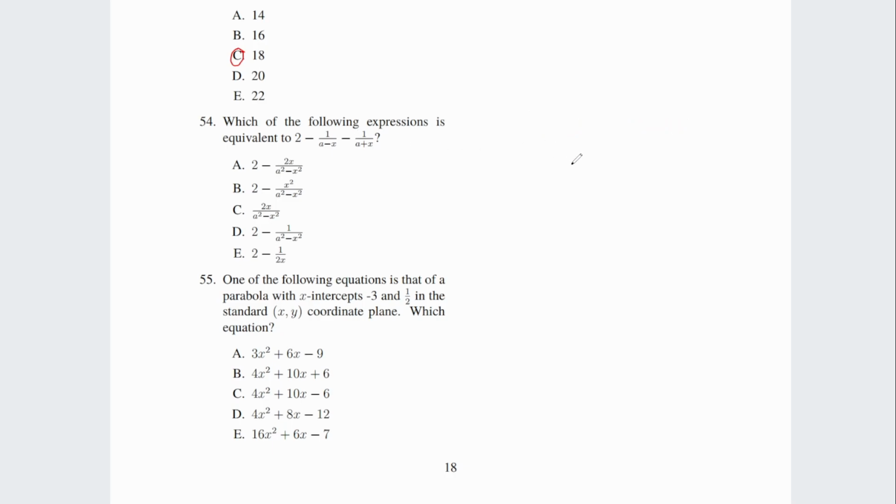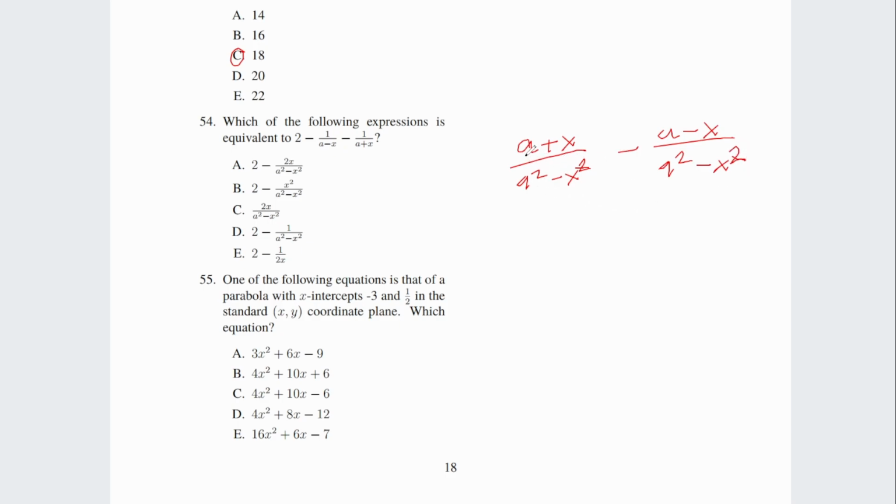And that's really the critical thing that we need to understand here. So we can multiply these numerators up this direction, and we can say a plus x over a squared minus x squared, minus a minus x over a squared minus x squared.